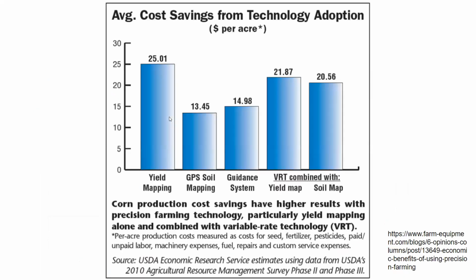So it is a very important source of savings. And there are lots of studies on how variable rate technology saves money, but I chose just this one to show you the approximate savings for a farmer. And that's all from this presentation.